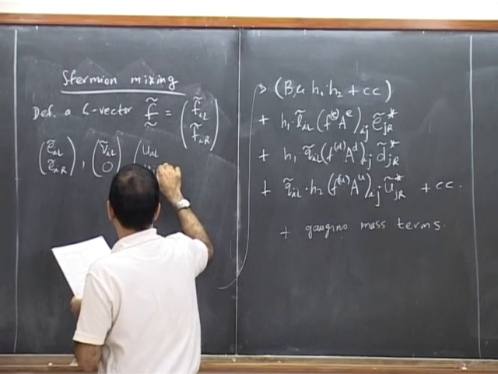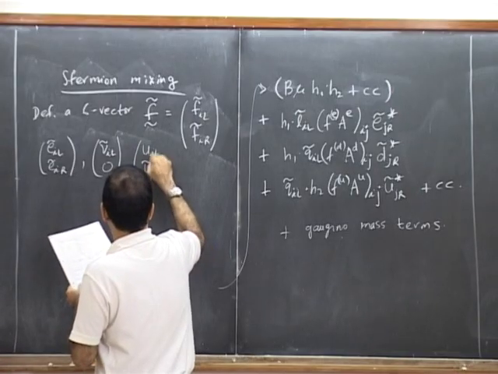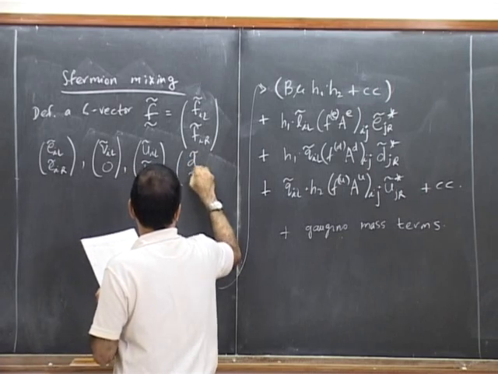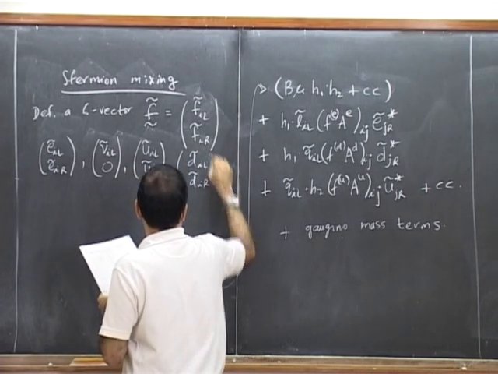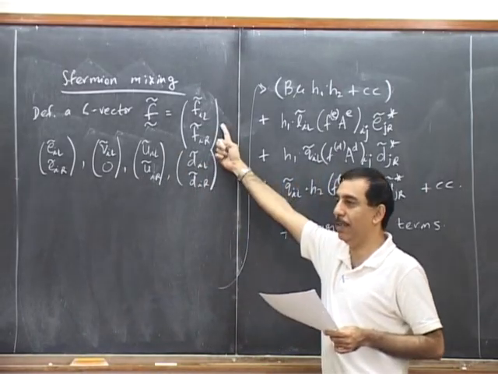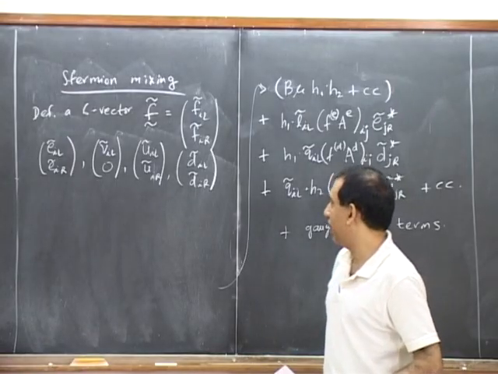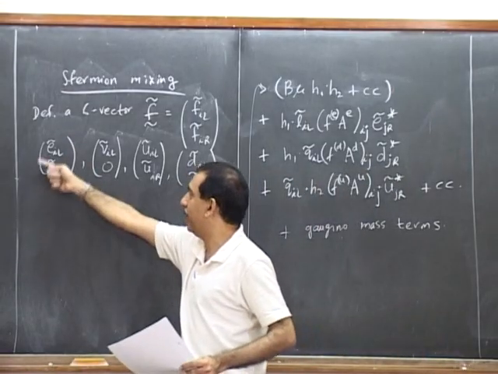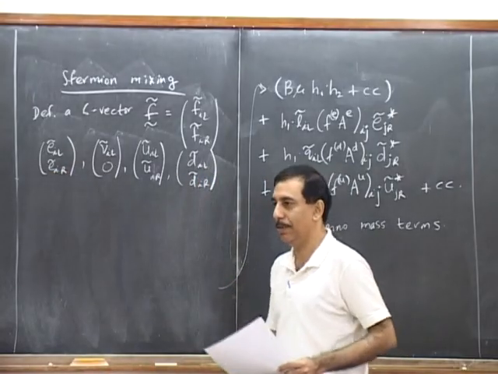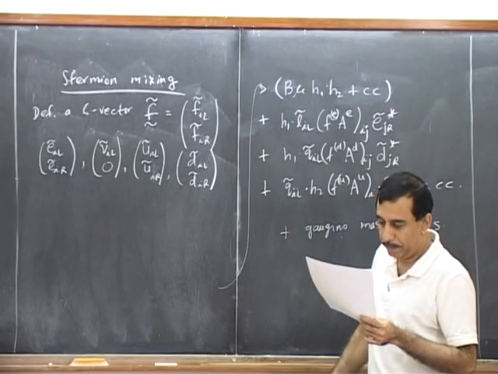Then the up squarks and the down squarks. These are the only 4 possible choices for that 6 vector. I emphasize that while mixing takes place among all components of one of these, it doesn't take place across these. So for each of these you can study mixing separately.